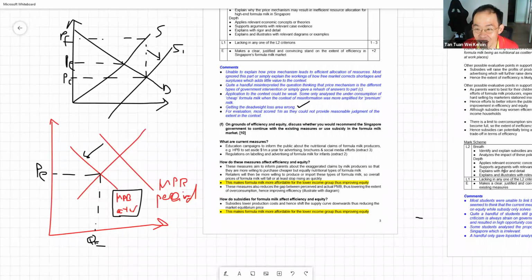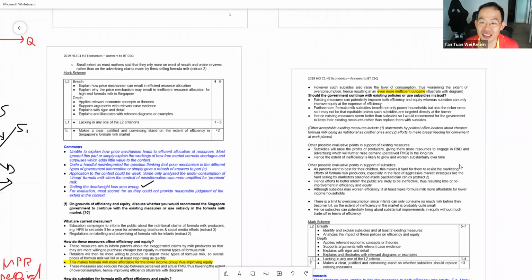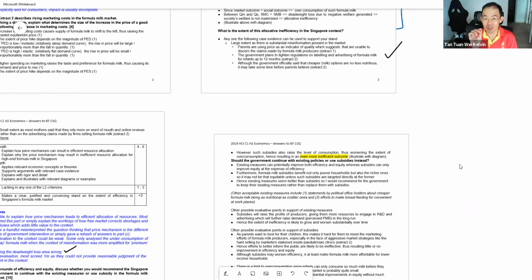But one of my common points that I taught you is that this is a very poorly targeted policy. So you ask me, right, the easiest stand for you all to use is that existing policies should be maintained. The government should not subsidize formula milk because number one, formula milk is really not that necessary. Once the baby is past 12 months, as the case study has, there's no need for him to drink formula milk.